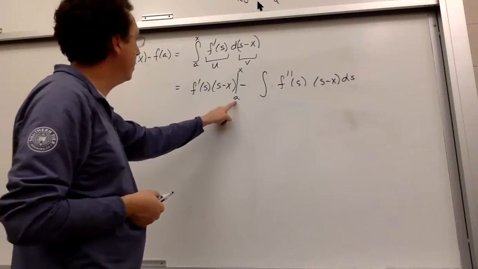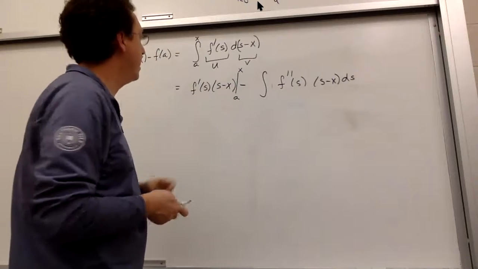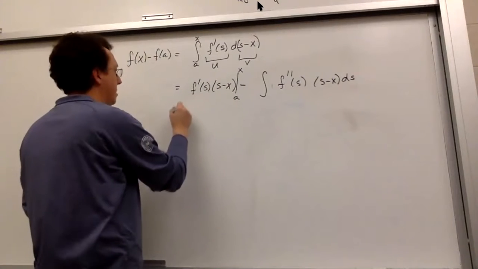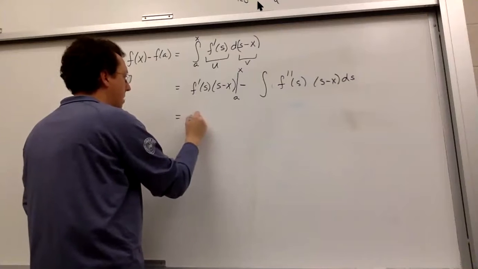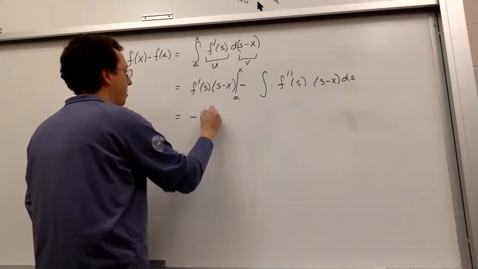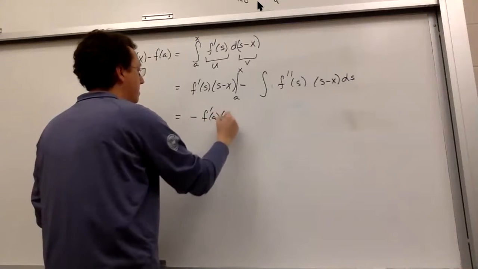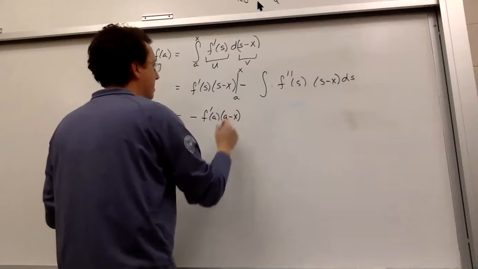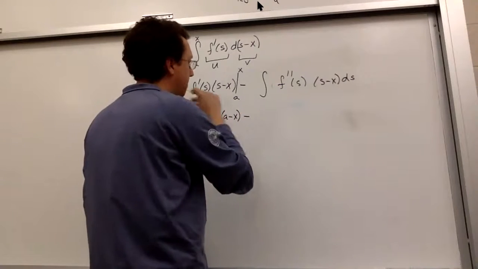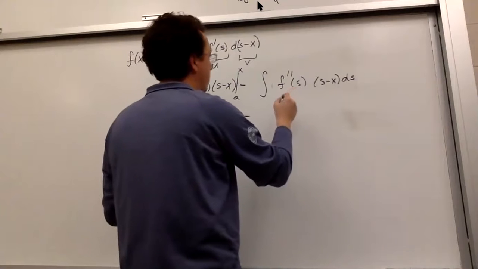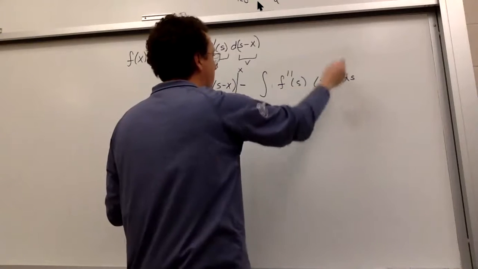But that's the lower limit, so I end up with a double negative. So this is going to give me 0 minus f prime at a times a minus x minus, and then I have to work with this integral.